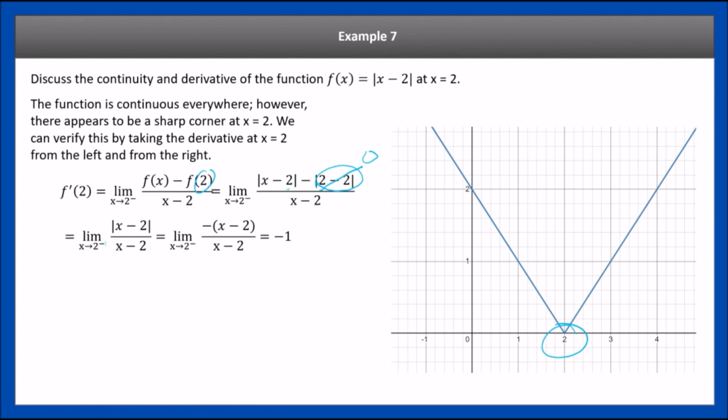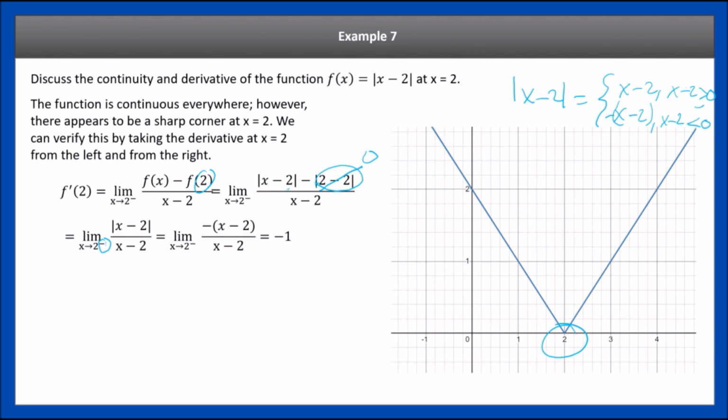But since we're approaching 2 from the left, remember the definition of absolute value: it is equal to the original if x minus 2 is greater than or equal to 0, and equal to the opposite when it's less than 0.